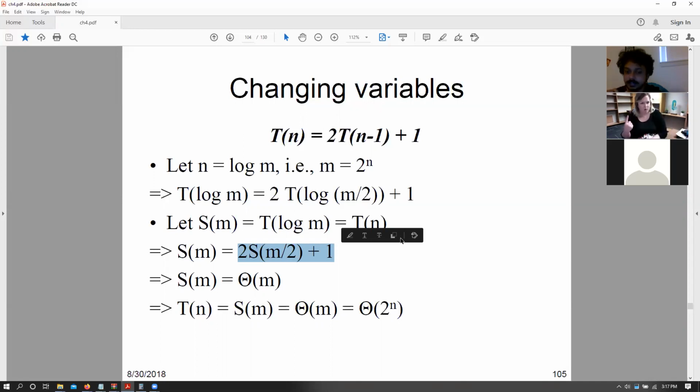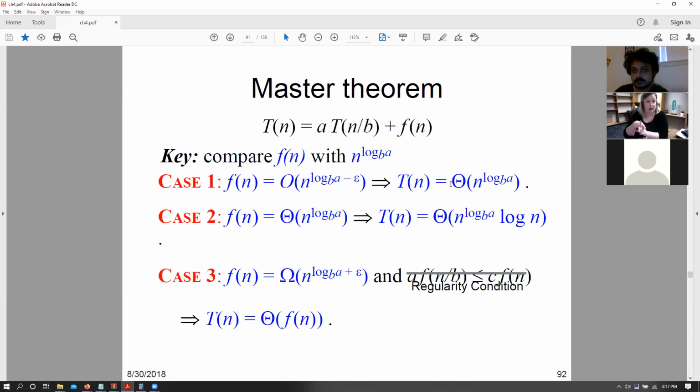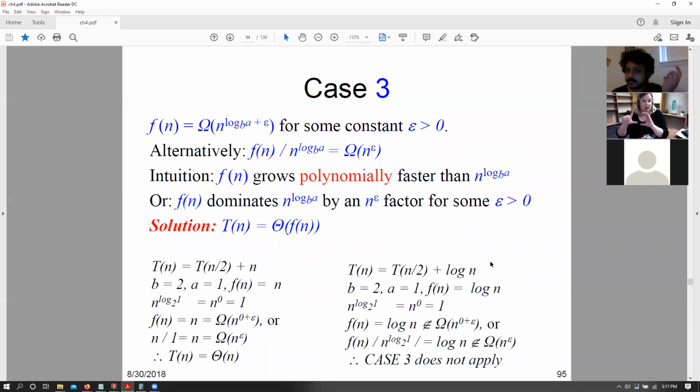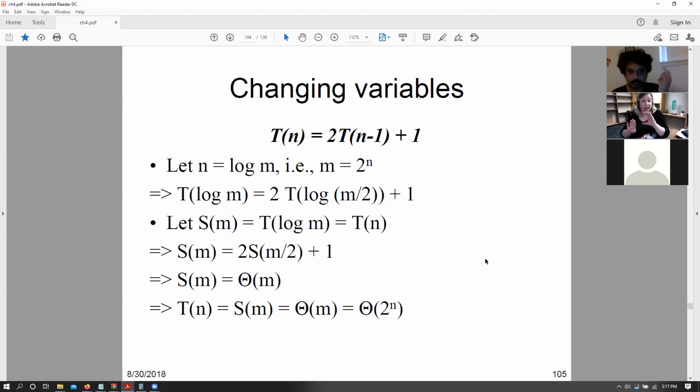No, we have to subtract one thing from it. So we have to subtract 1 from it to get f(n) = 1. So case 1 would apply, and for case 1 we have Theta of m to the log base b of a, and log base b of a is 1 in our case. So in that case, we have Theta(m). So the master method can also be applied in this case.